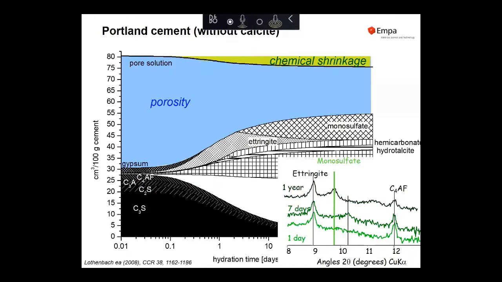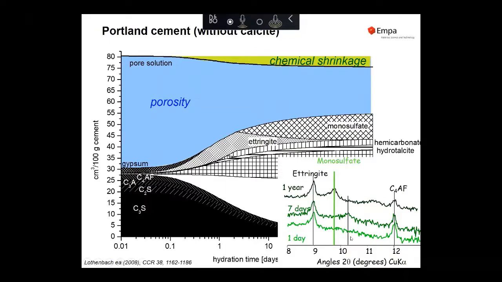We also can compare our modeling with experimental data. I show here again an XRD, and we can see here the hydration of a Portland cement without limestone in this case. And then we predict the formation of ettringite and monosulfate.